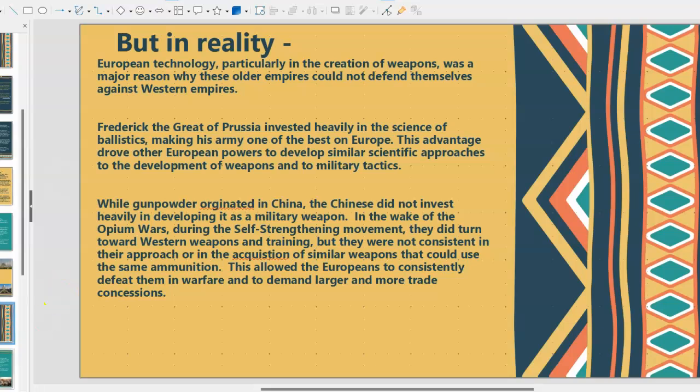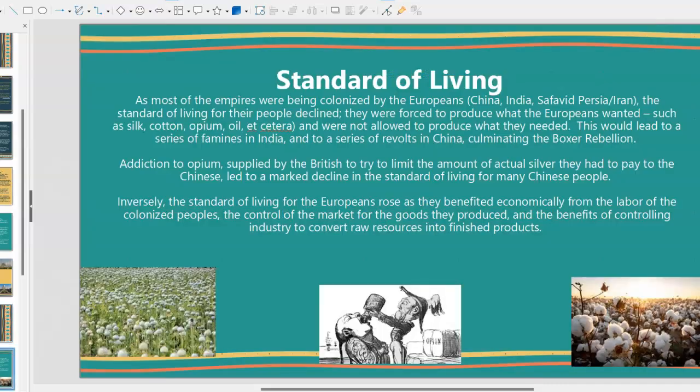With the Opium Wars, the British didn't want physical control of China. They wanted the Chinese to do what they wanted the Chinese to do. They wanted them to produce silk. They wanted them to trade in silver. They wanted them to do all these things that the Chinese didn't want to do. So instead of saying we're going to go in and take over this land, they said no, we're going to get larger trade concessions from you.